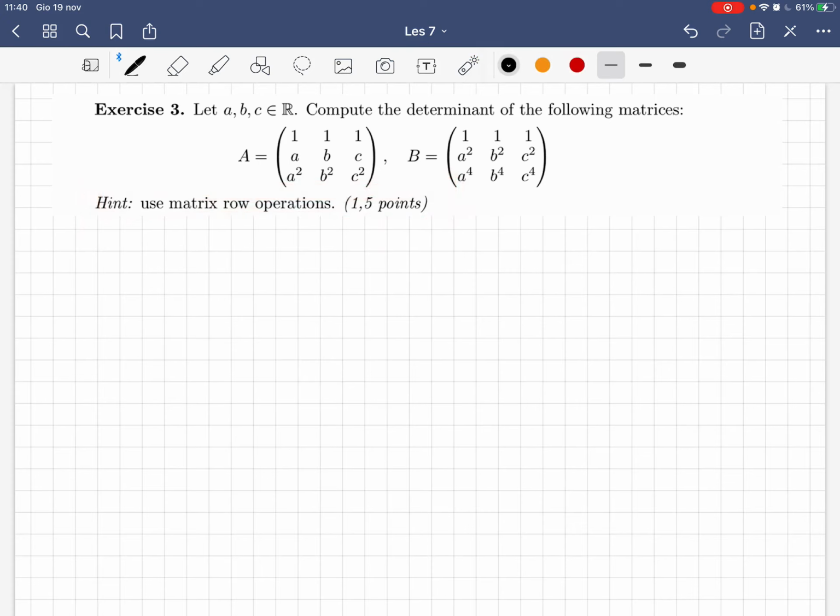So, the thing is that you can use the matrix row operations to compute the determinants, because you can modify the determinants of those matrices using these matrix row operations, but in a controlled way.